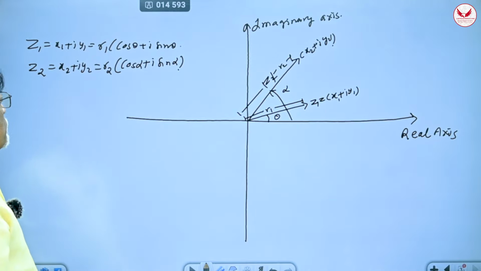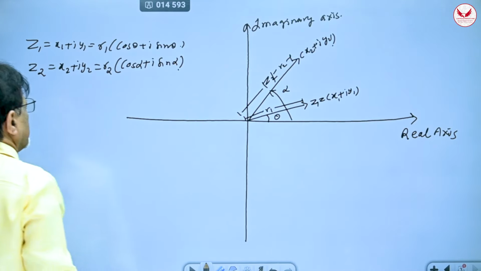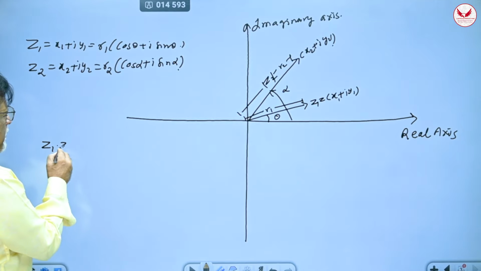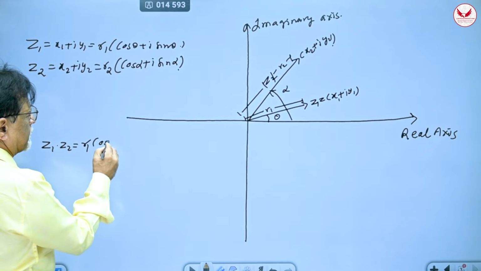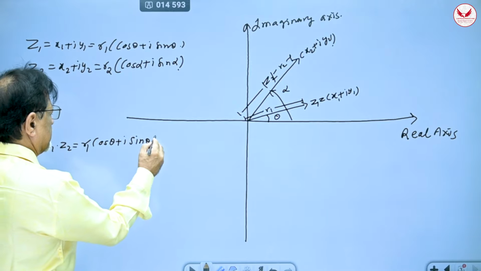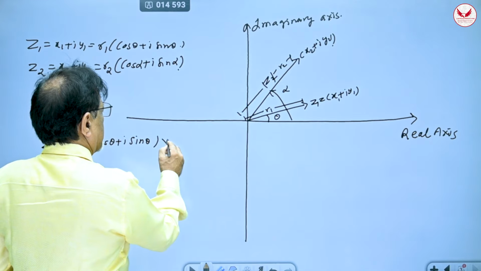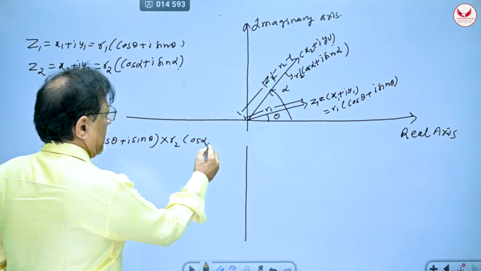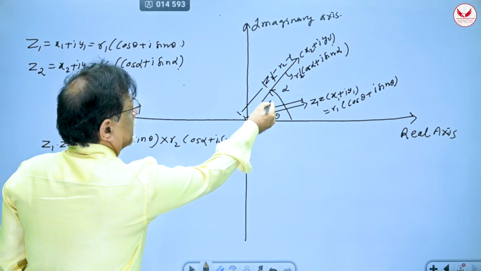Now, when you multiply Z1 and Z2, what will happen? Let us actually calculate the multiplication, what happens in polar form. So Z1 multiplied by Z2, which means R1 (cos theta plus i sin theta), correct? This is Z1, multiplied by R2 (cos alpha plus i sin alpha), because this angle is alpha, right?